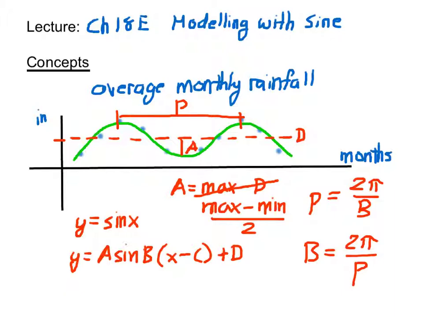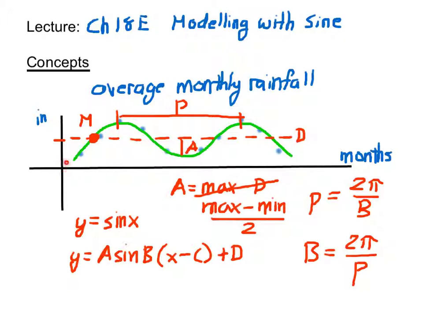And then the last thing that we need to look at, and this can be the most confusing, is C. And C we can find at this point we call M. And we need to find that point M before we can find C. Now M, notice that in a normal sine function, we'd start here at the origin, and then we'd go up and down and up again.